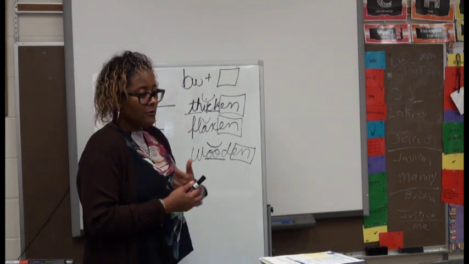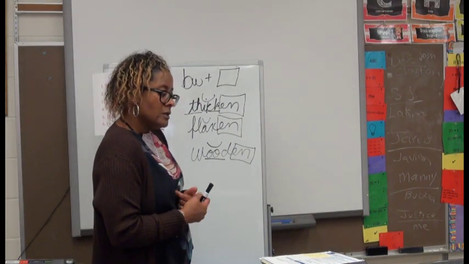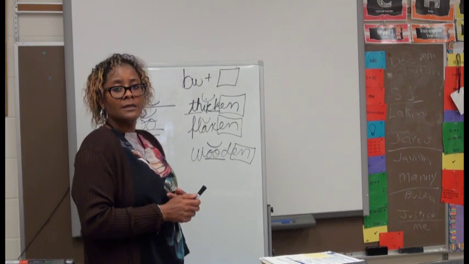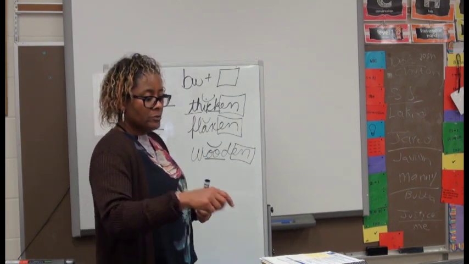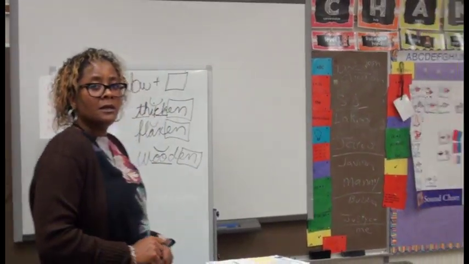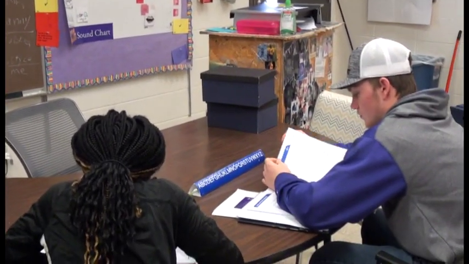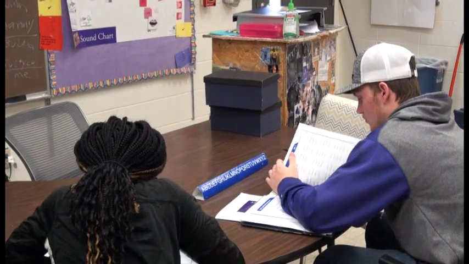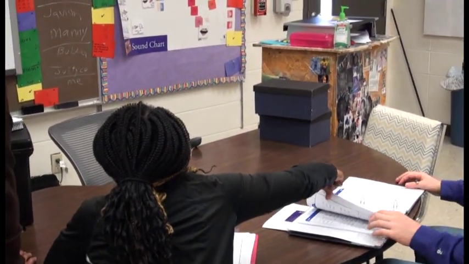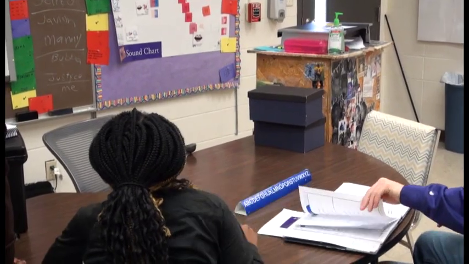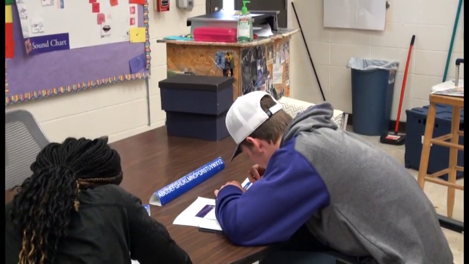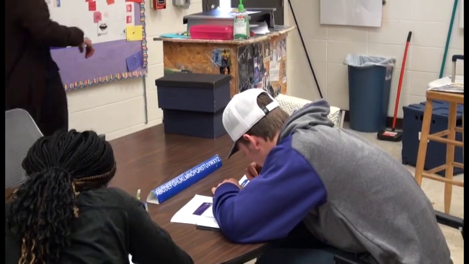Now let me see. Go ahead and do row 2 on your own, independently. The first row right here, do row 2, the one that we just did. We're on page 75. Those were the ones we did.